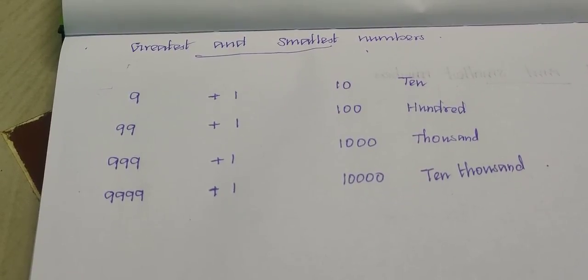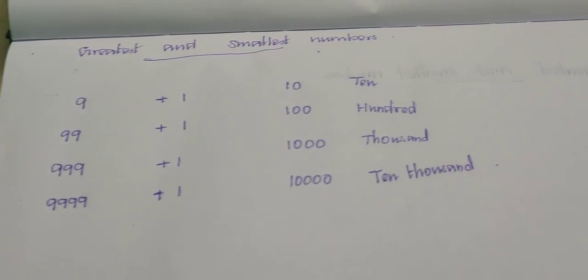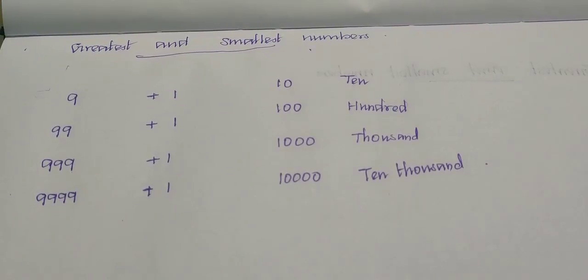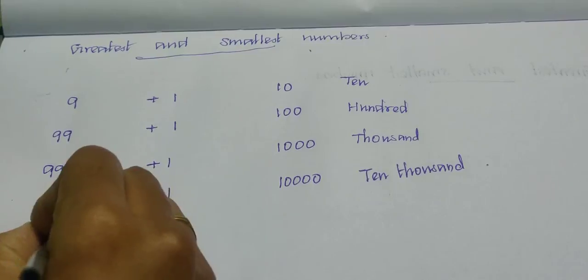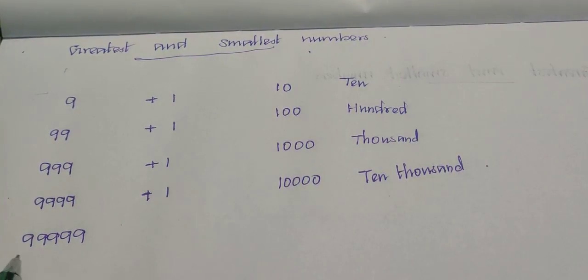Is it clear? The smallest 5-digit number is 10,000. And the greatest 5-digit number is 5 times 9, that is 99,999.